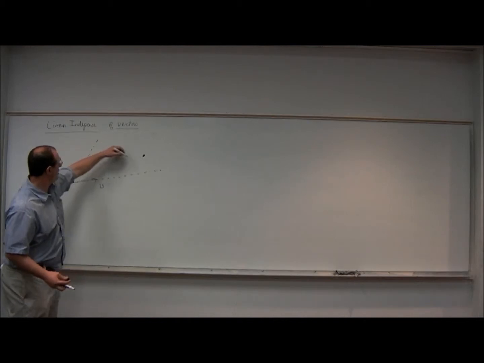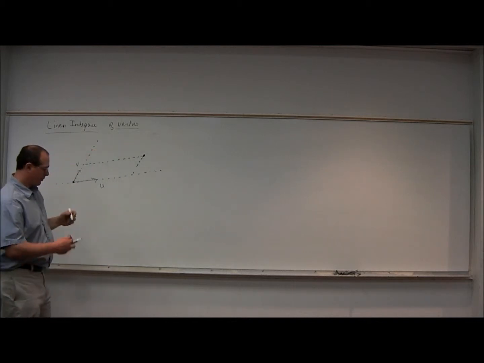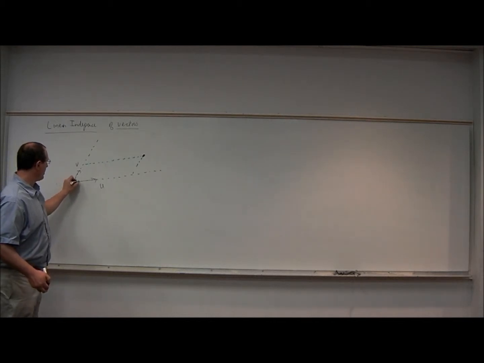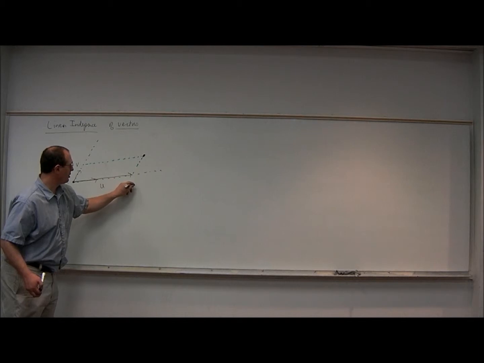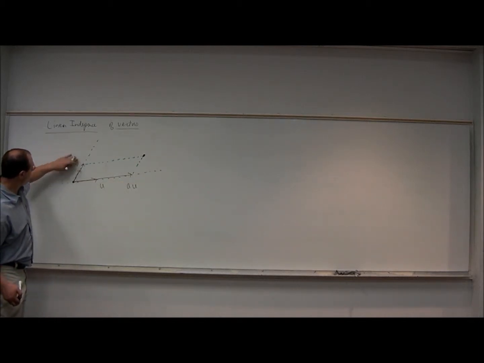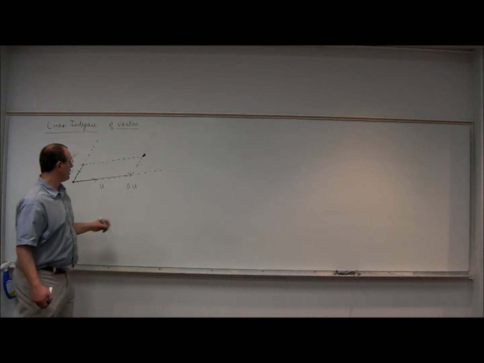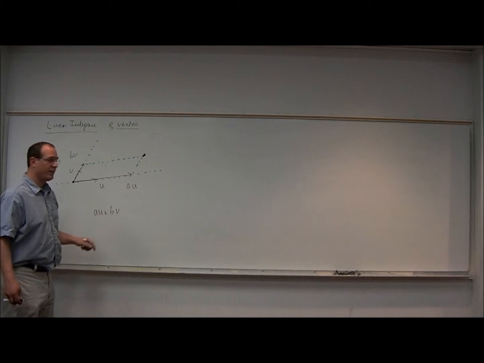So if I make a dotted line here parallel, and here parallel, then what we see is that this longer vector here, let's call that a times u, and this longer vector here, the shorter one is v, the longer one is b times v, then we can see that this point right here can be arrived at by doing a times u plus b times v.